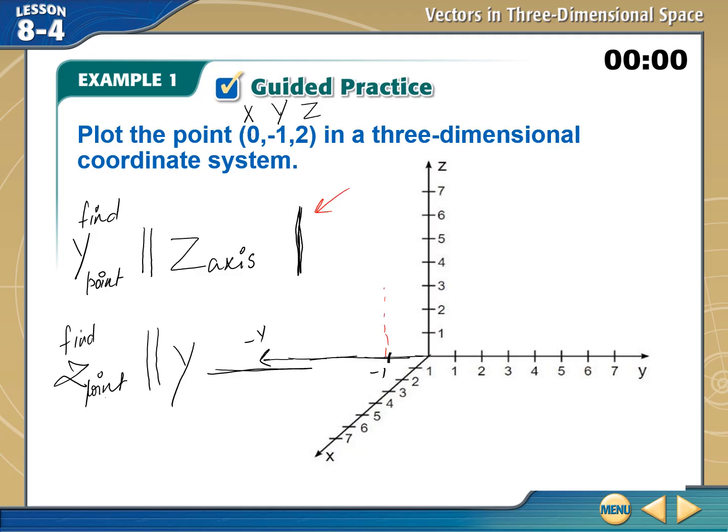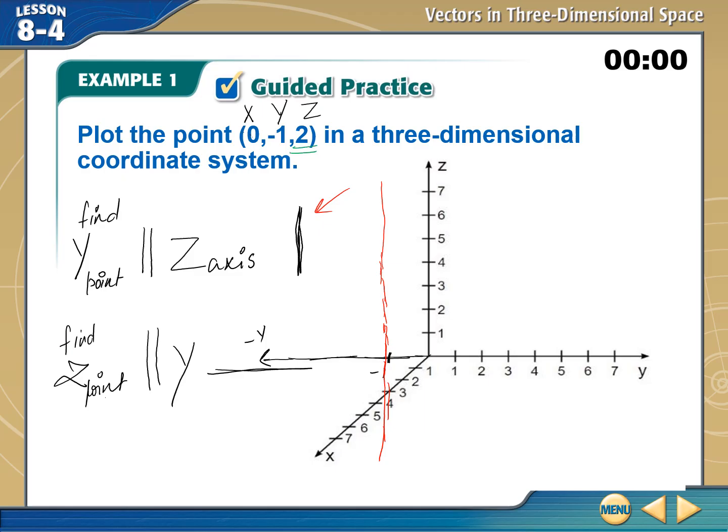Now, the most important thing is that you focus while making it and not only depend on me, but also draw yourself, write different kinds of points and try to draw yourself. On this point, I make a vertical line. Okay, that's it. Now, find out the point on the z-axis.